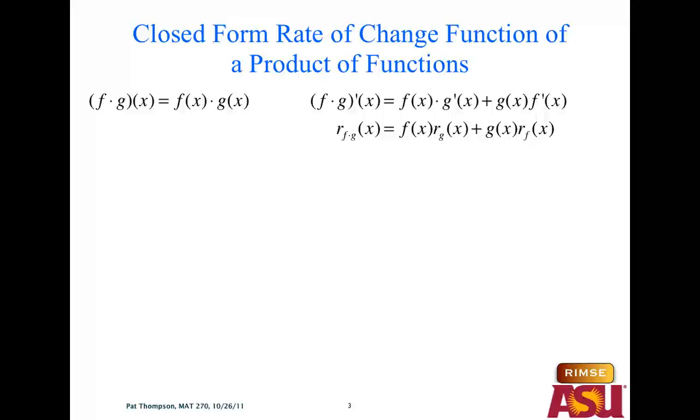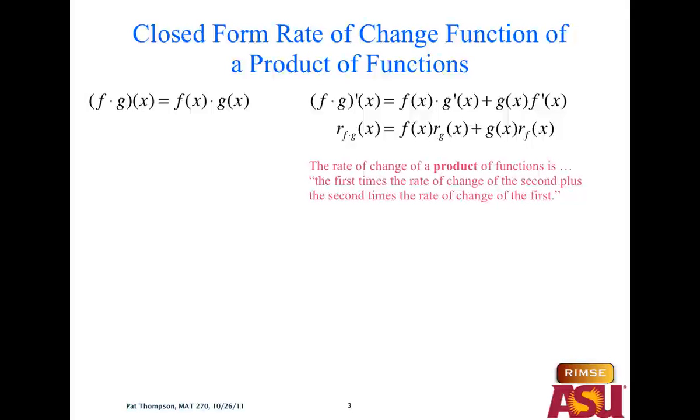So we could say this as the rate of change of the product is the first times the rate of change of the second, plus the second times the rate of change of the first. So all you got to do is remember the symmetry of it, and then it's pretty hard to miss. So that's the product rule.